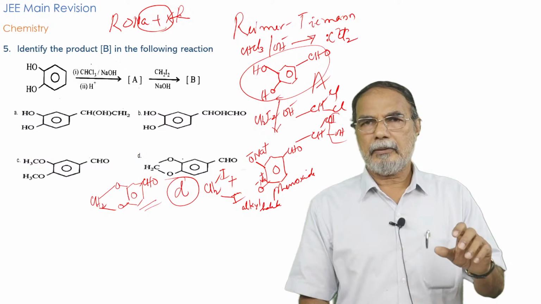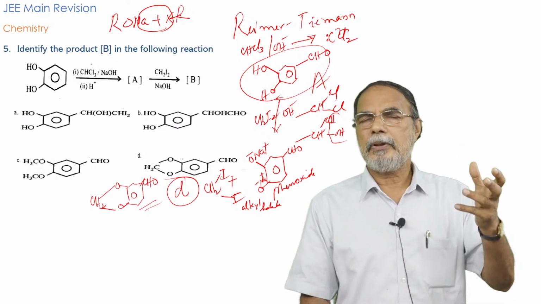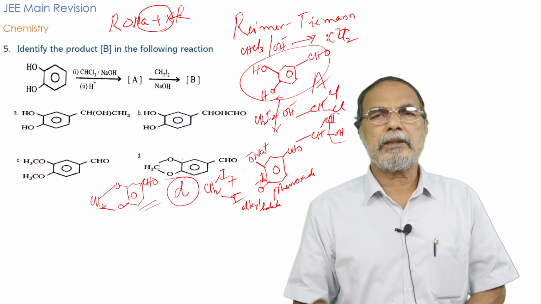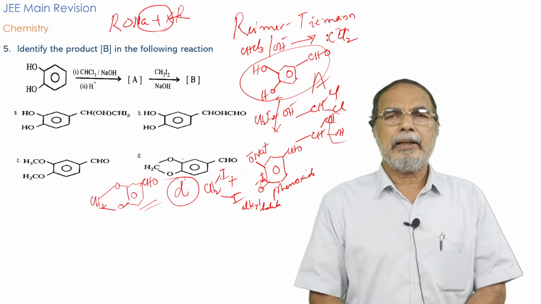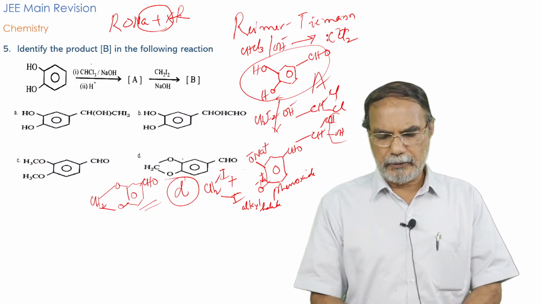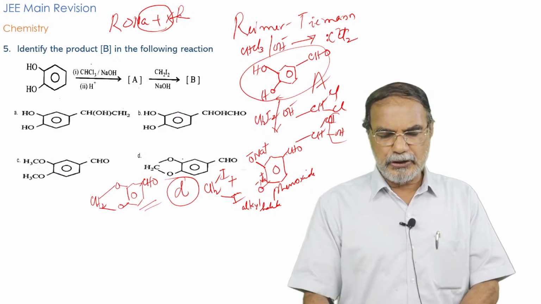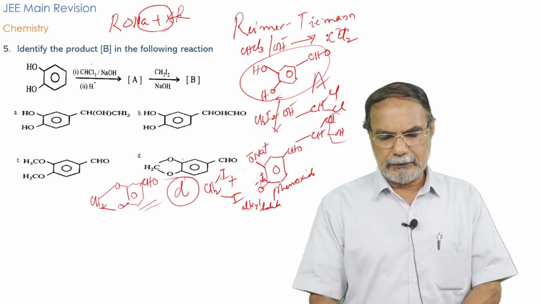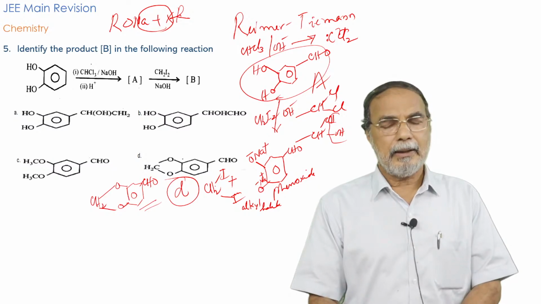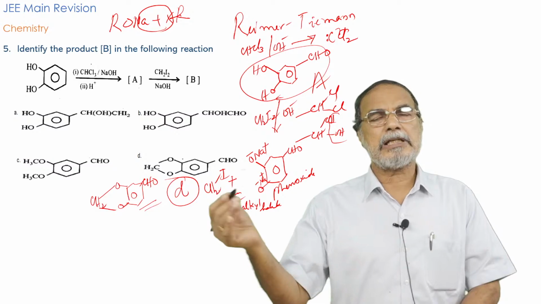And from the mechanistic point of view, remember that the Williamson synthesis is basically a nucleophilic substitution reaction, where the nucleophile is, in this case, the phenoxide. The phenoxide is a nucleophile, and the nucleophile is attacking the carbon, holding the halogen atoms and displacing the halogen atoms.